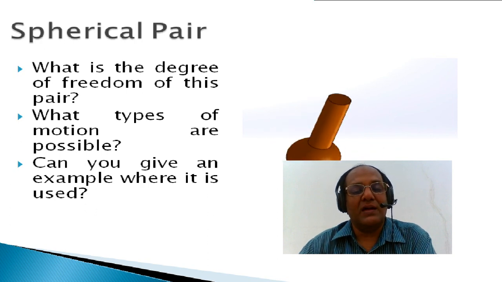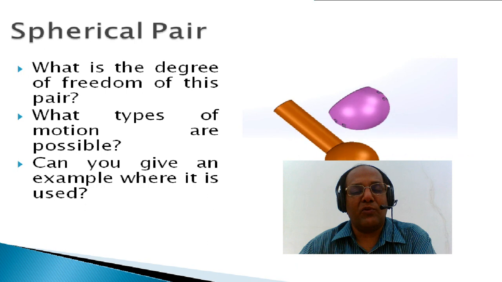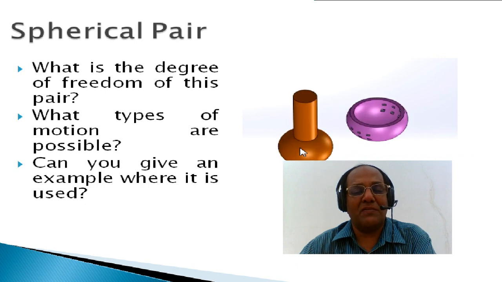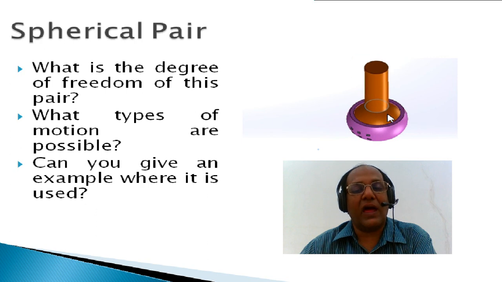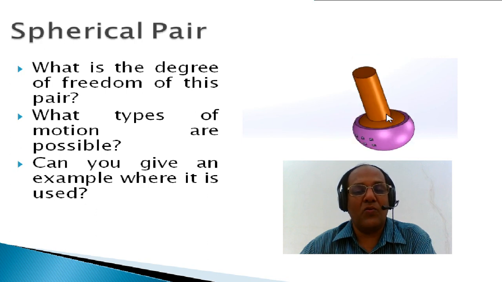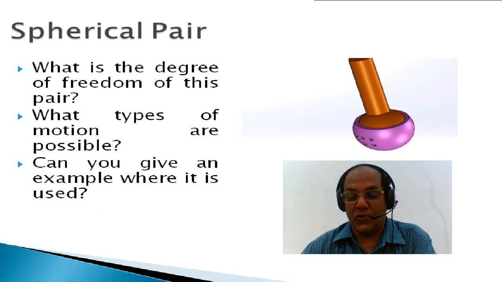Each of these has 6 degrees of freedom, but once you assemble them, take this and put it inside, so that it cannot come out, then there are only 3 degrees of freedom: rotation about X, Y and Z. So we say this is another pair which has 3 degrees of freedom. Sometimes we call this a spherical pair also.